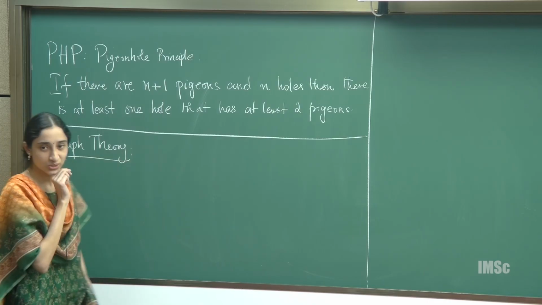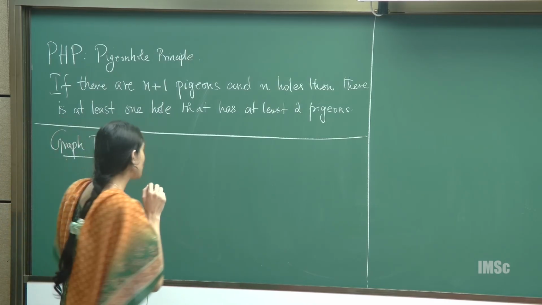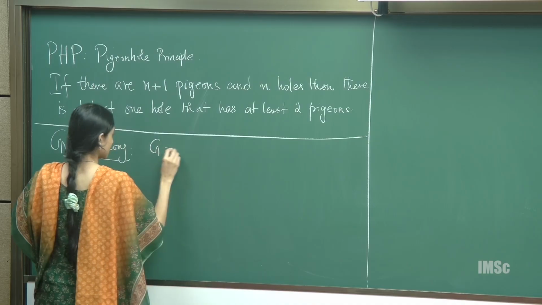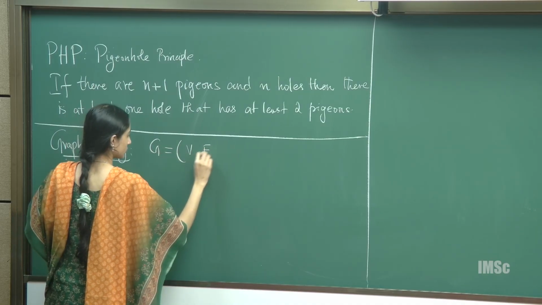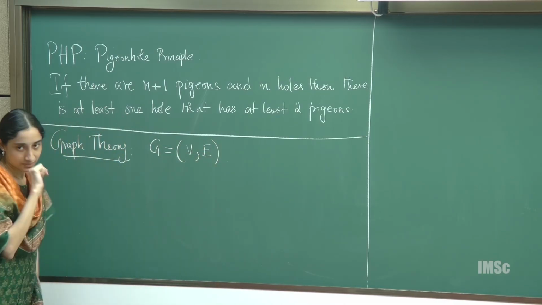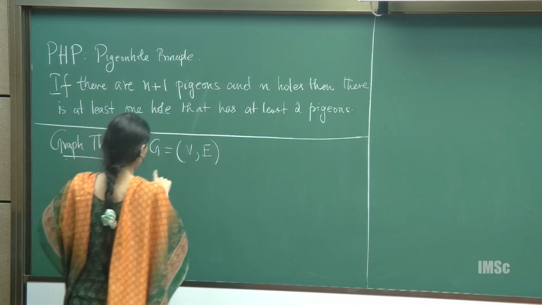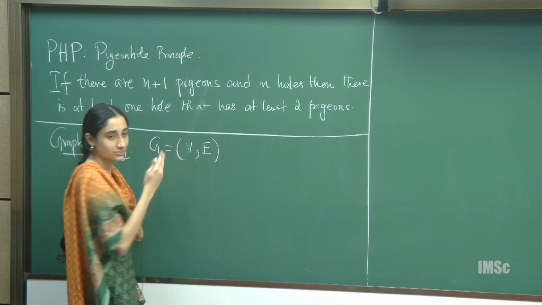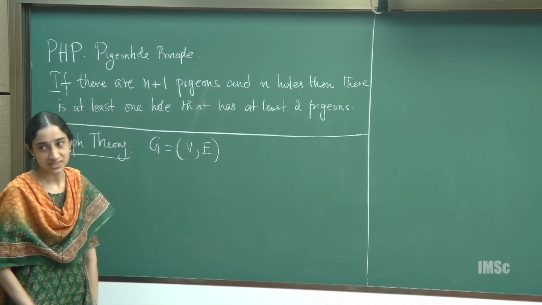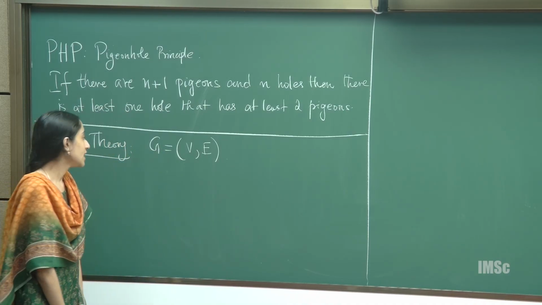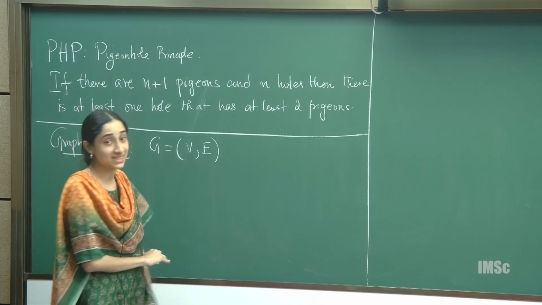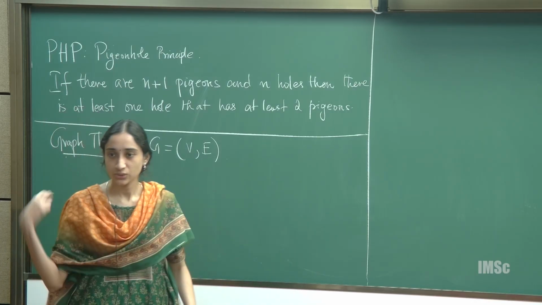So by now I think you know what graphs are. It's a set of vertices and you have a set of edges. So maybe you should try and draw a graph, you can choose any number of vertices and some number of edges, where every vertex has a distinct degree. Can you do that?